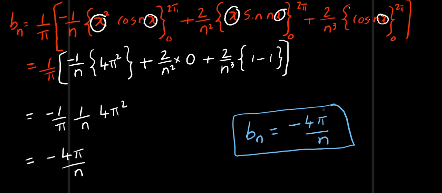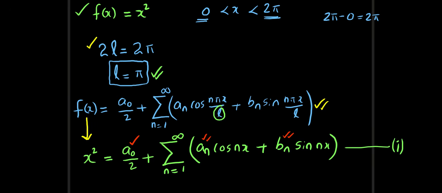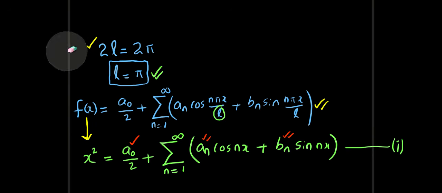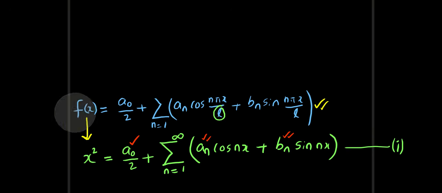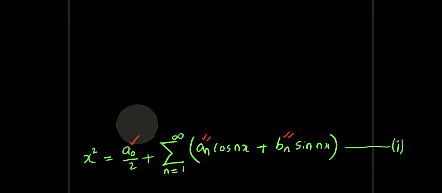So now we are going for the last step, and the last step will be substitution. Do you still have equation number 1? Yeah. So we are going to plug in all the values over here. I'll erase these things now, so we don't want these quantities. Now we will just focus on equation 1.